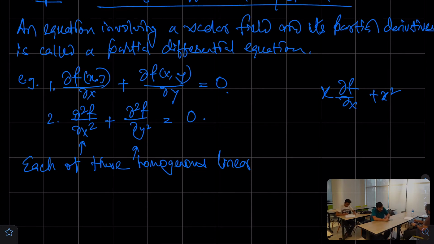But you cannot have, maybe, x squared f. Yes, you can have xf terms, but you cannot have terms like f df dx, or df dx squared. This is nonlinear.